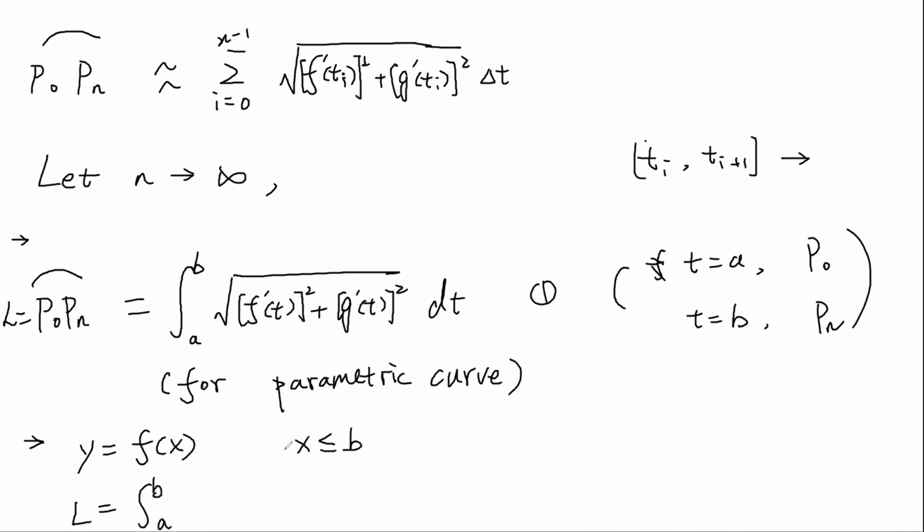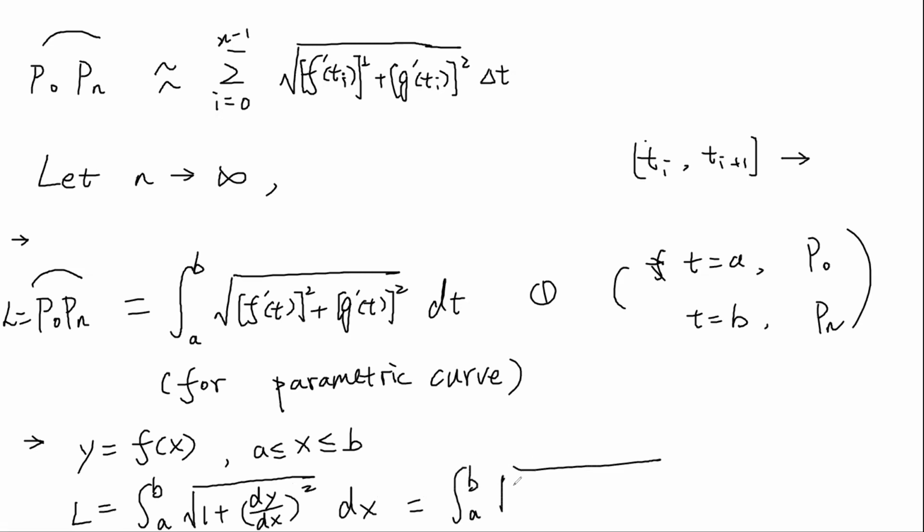So also assume the bounds for x are a and b. This will be equal to the integral of the square root of 1 plus (dy/dx) squared dx, which is equal to the integral of the square root of 1 plus f prime of x squared dx.